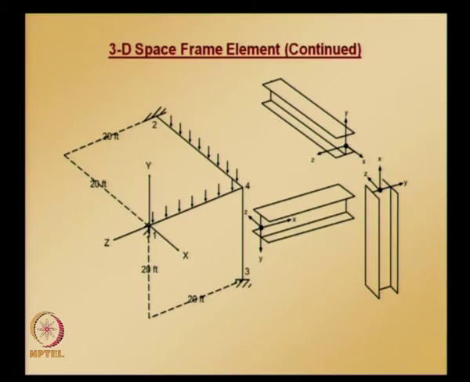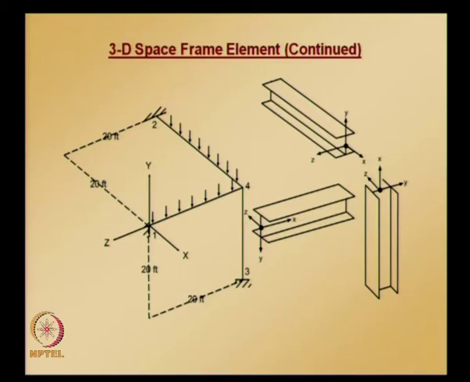So, let us say element 1 is the one which is connecting nodes 1 and 4, and for that element the angle between local y axis and global y axis, you can check, is 180 degrees or pi radians.